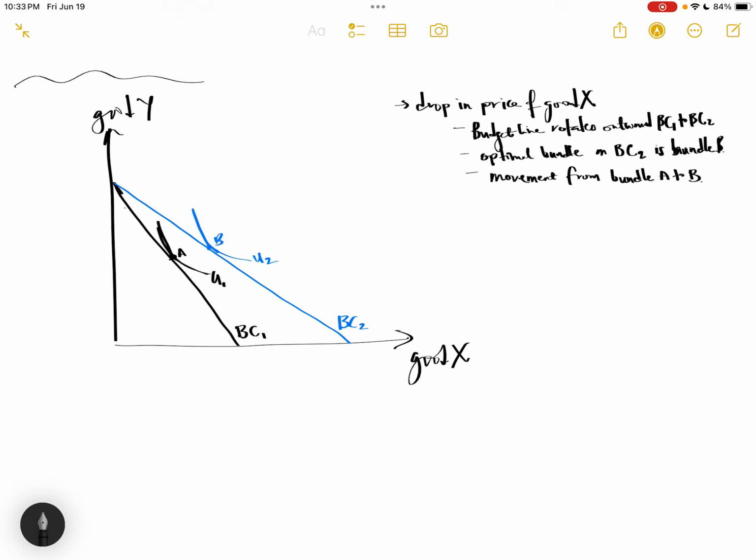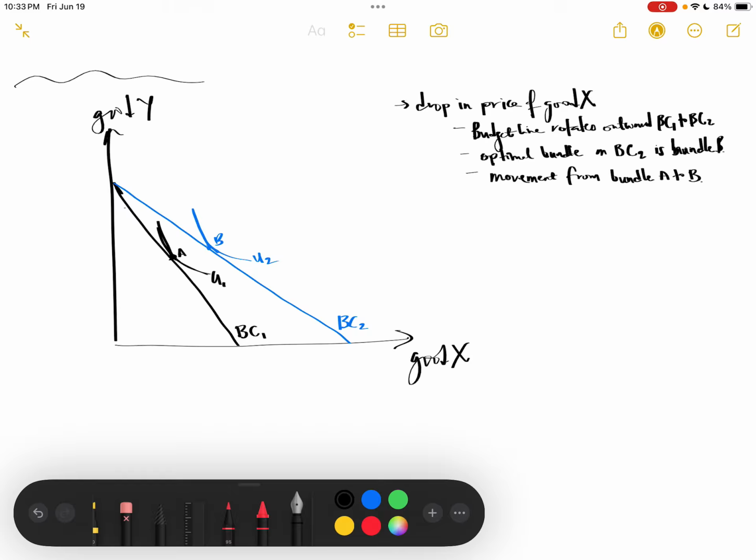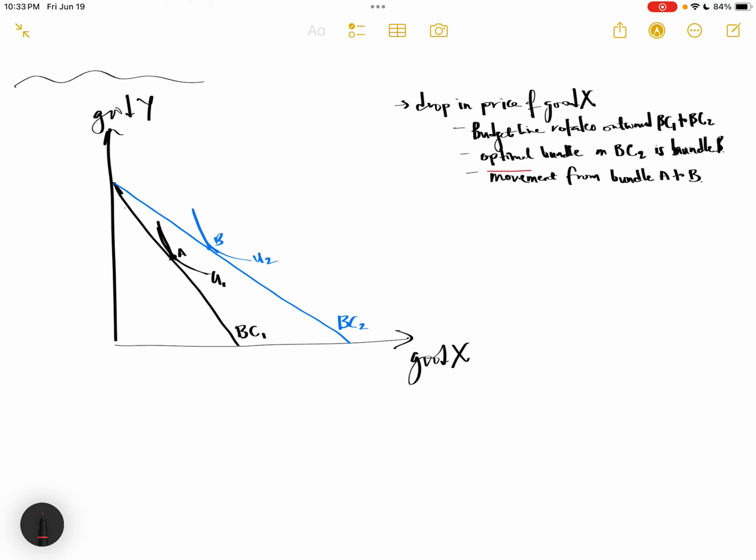That movement from bundle A to bundle B is known as the total effect. Right, so in red, movement from bundle A to bundle B is total effect.